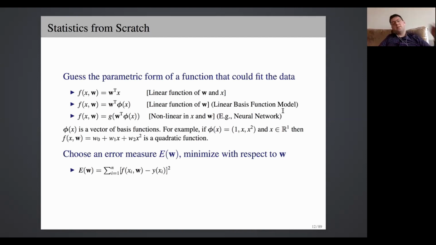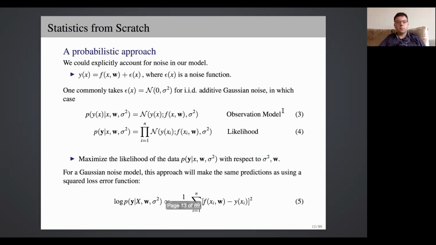However, many of the design decisions there would be pretty arbitrary. For example, it's unclear that I should use squared error versus absolute error or some other type of error measure to train this model. We could alternatively follow a probabilistic approach where we assume that the points are drawn from some latent noise-free function, f of x, w, which would be like my functional form that I was considering, plus, for instance, additive i.i.d. Gaussian noise with variance sigma squared.